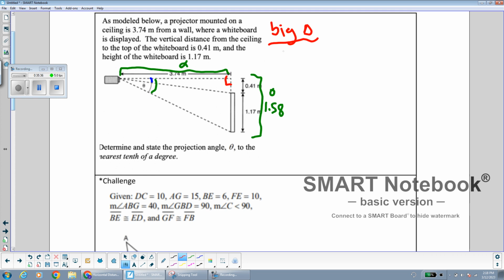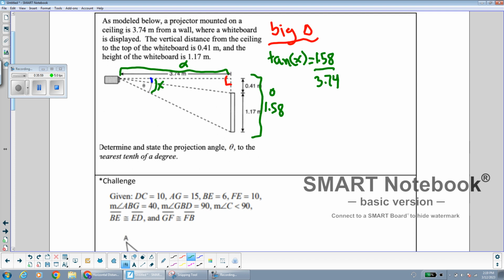So from the big triangle, let me set up my tangent ratio. Tangent of the whole big angle here, I'll call that x, is equal to opposite, which is 1.58, over adjacent, which is 3.74.